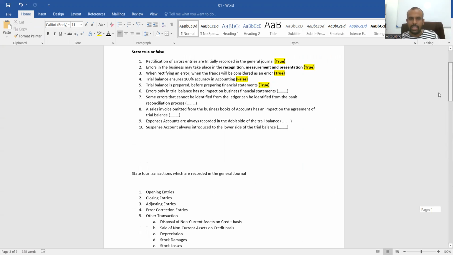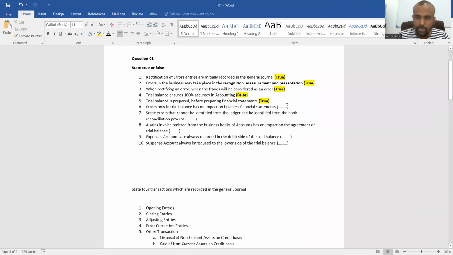Write a small note there. Therefore, errors only in the trial balance have no impact on financial statements, right?